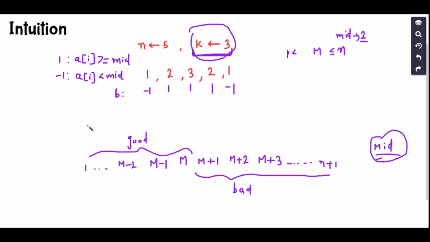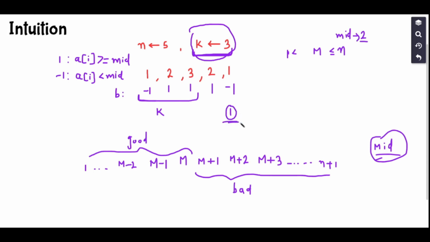Now how is this array going to help me? Observe that if I take a subarray of size k in this array B and sum up all these elements, -1 plus 1 plus 1, it is going to give me 1. So what does this tell me?